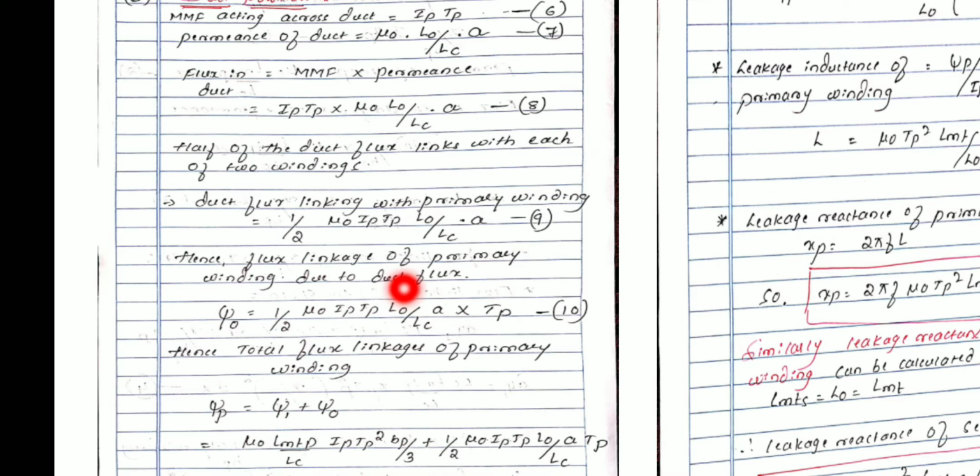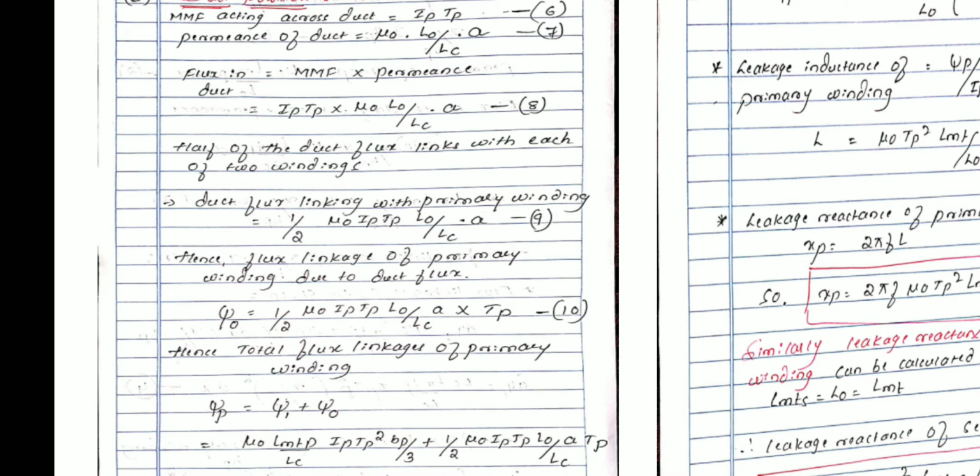This portion of flux links with Tp number of turns, that is the primary turns. That is the reason I have multiplied by Tp: 1/2 mu naught IpTp L naught divided by LC into A into Tp. This gives the flux linkage of the primary winding due to the duct flux, represented by psi naught. On the primary side it is psi 1, and in the duct portion it is psi naught.